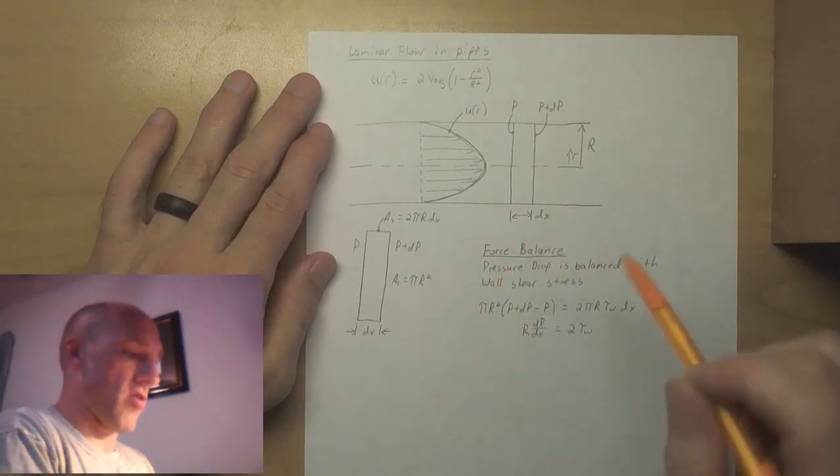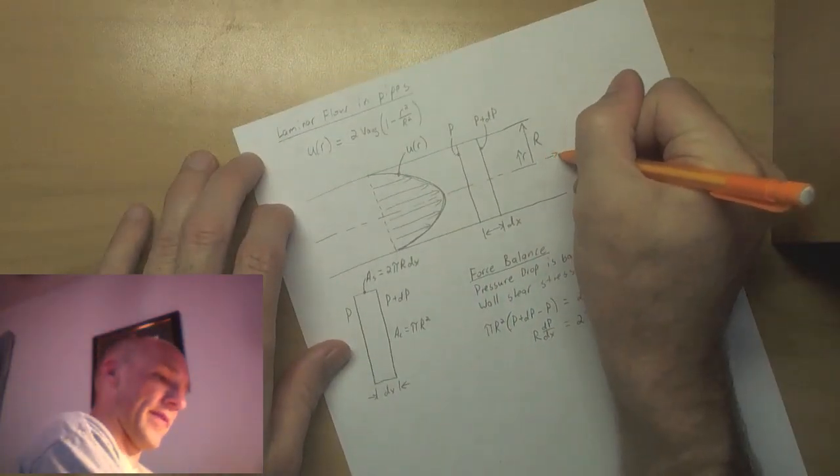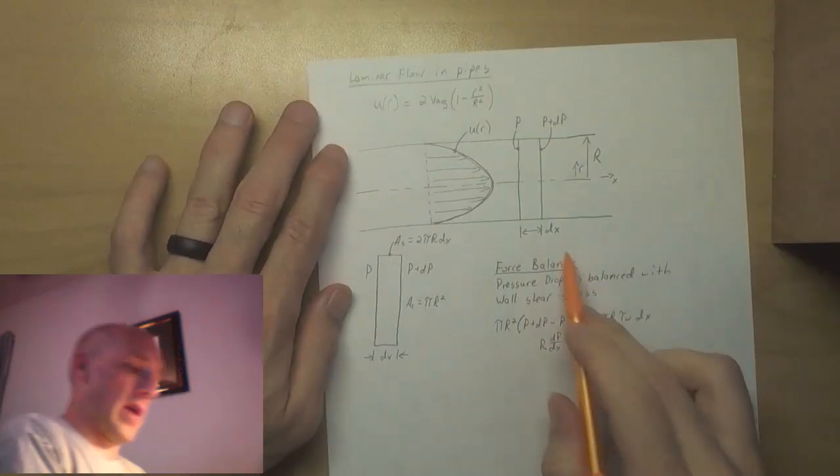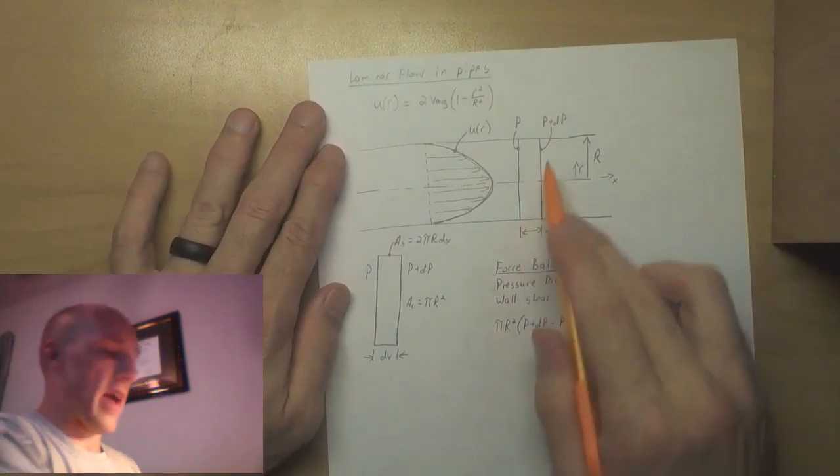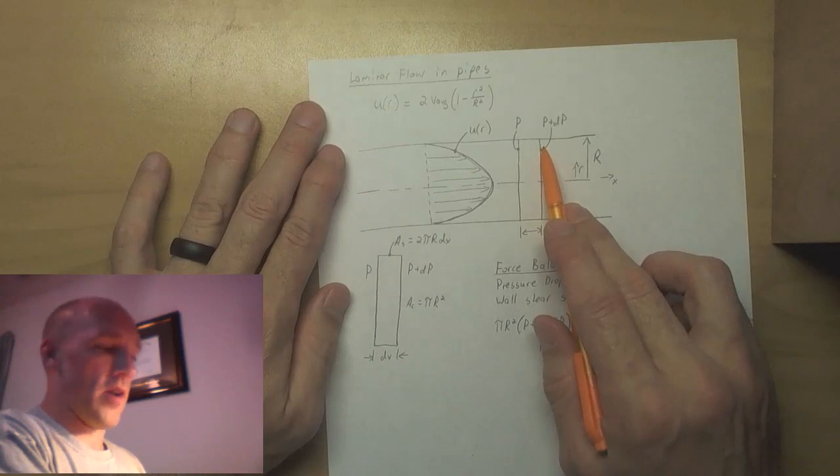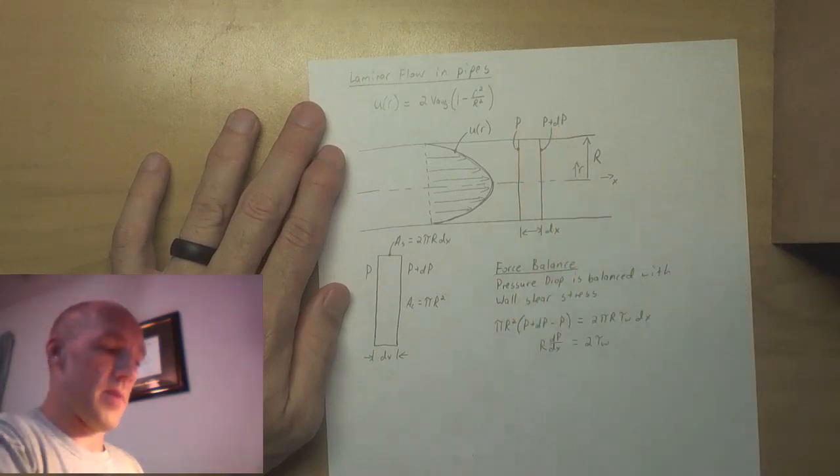This is the x direction, a small distance dx, and the pressure changes by an amount dP.